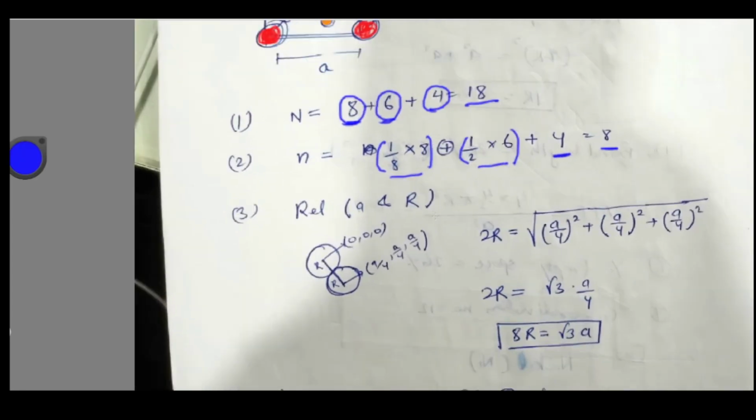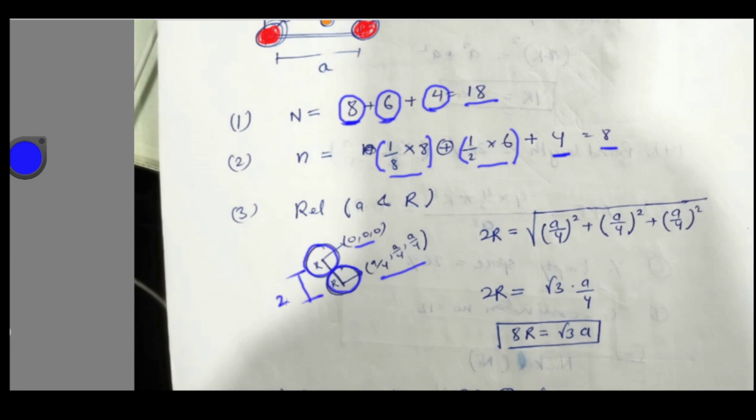So this is the corner atom which I have shown. Its coordinate is 0 0 0, and this atom's coordinate is a/4, a/4, a/4. Now the total distance is 2r.